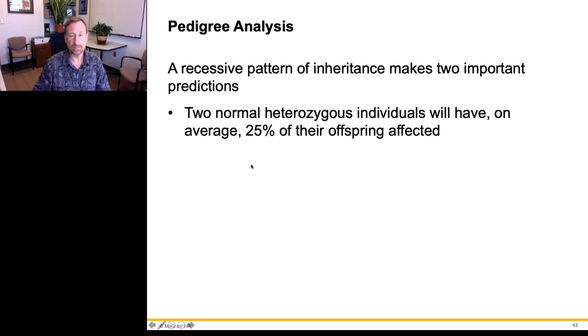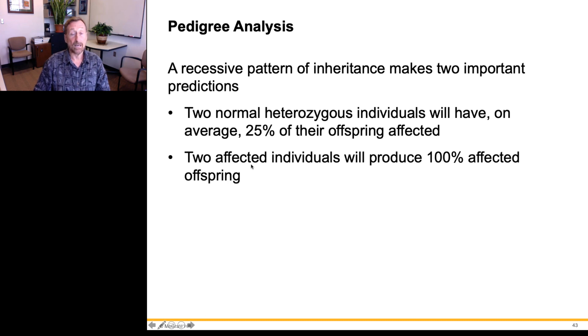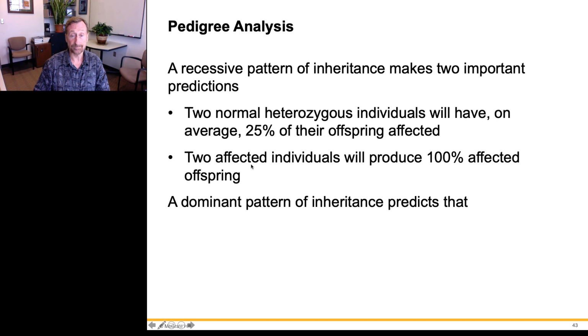It would be better to say two unaffected heterozygous individuals, so two individuals who don't have the disease. In the case of recessive disorders, two affected individuals would produce 100% affected offspring, because affected individuals would be homozygotes, so all of their offspring in such a cross would be affected.